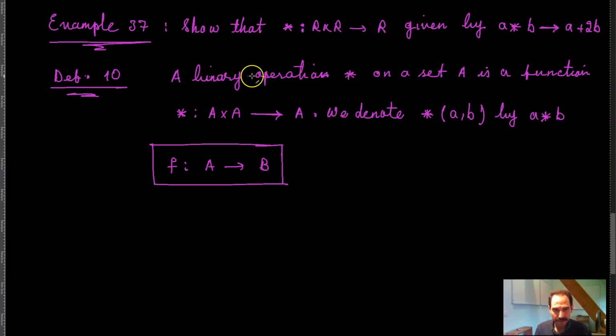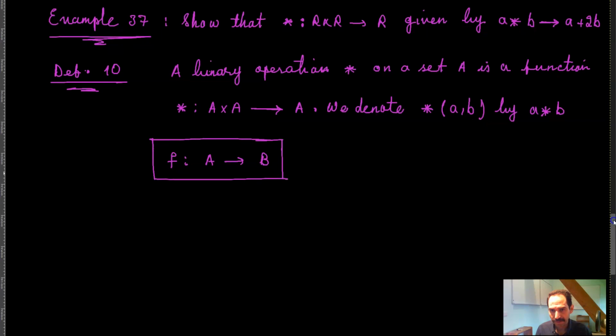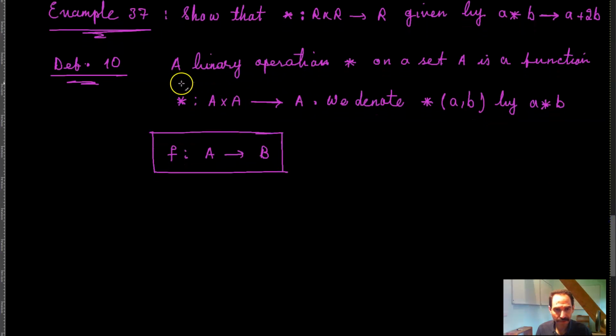Suppose that you have this star from the Cartesian product of A to A. Now, A is some set over here, right?